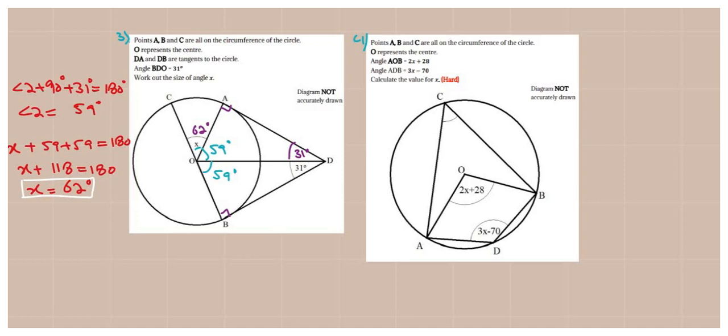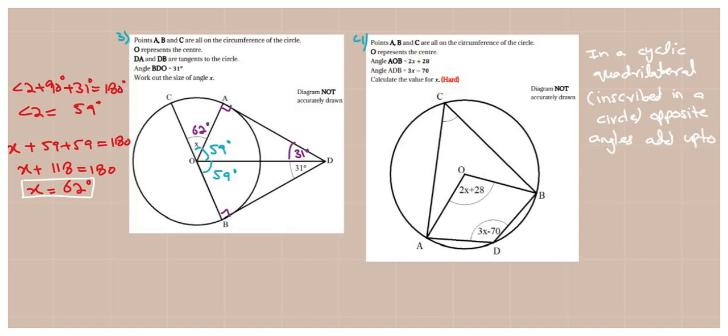So students, there is one statement. Statement is that in a cyclic quadrilateral, which is inscribed in a circle, opposite angles add up to 180.